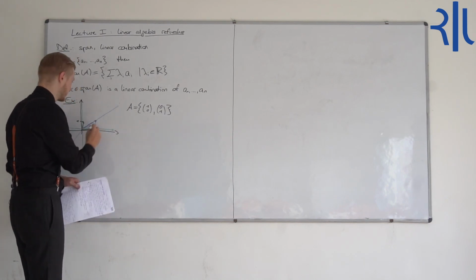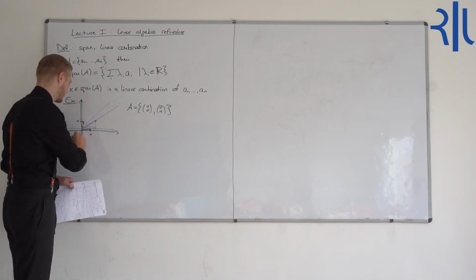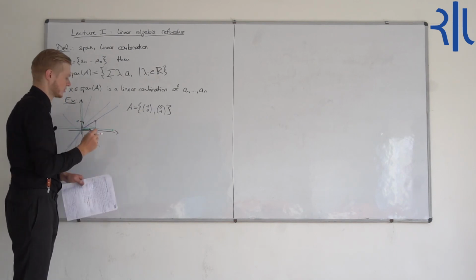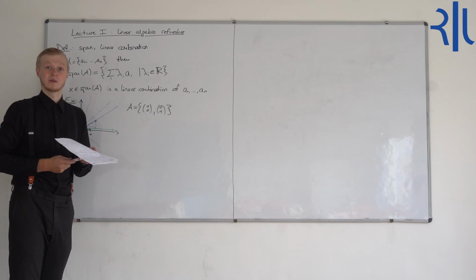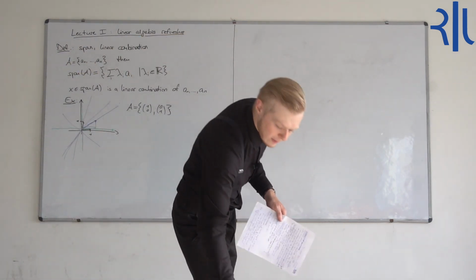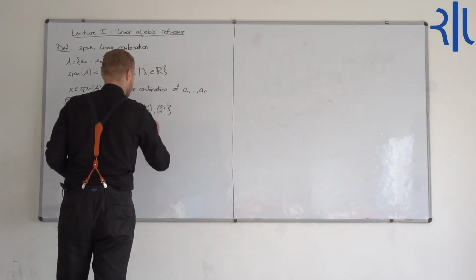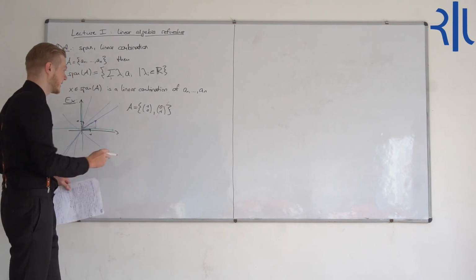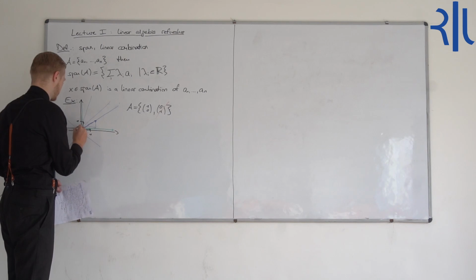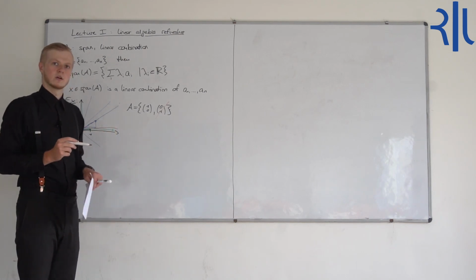All of this line is also in the span, and so on. So we can do that with this line, this line, this line, and so on. Basically, we find out that the whole plane would be the span here. If we, however, kicked out the second vector, A just having one element, then our span would just be all the multiples of the first vector.